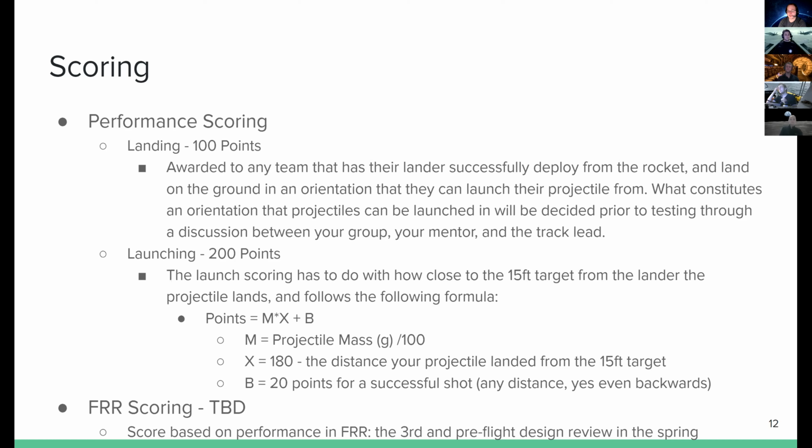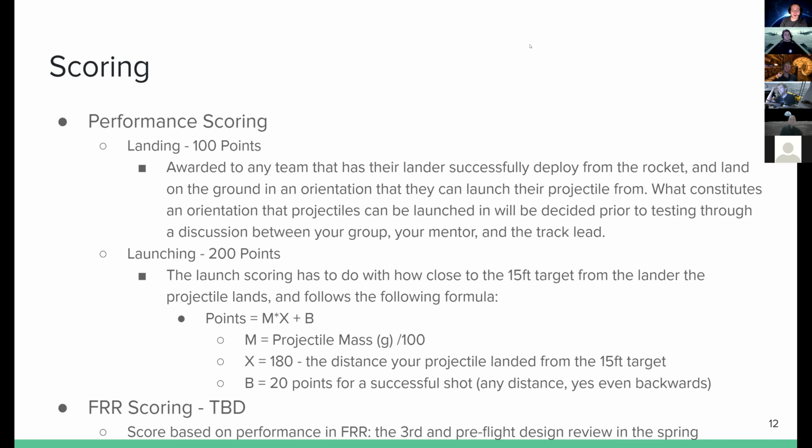So if you successfully shoot it at all and landed, that's 120 points. 180 is much larger than the distance between your lander and the 15-foot target. It's inches. Okay, 15 times 12 is 180.